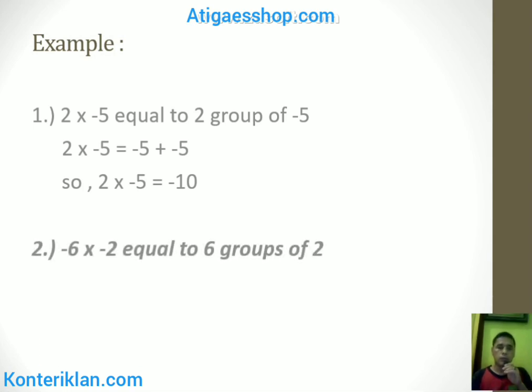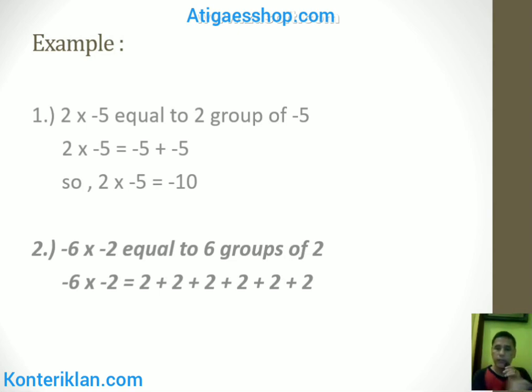For number 2, negative 6 times or multiply negative 2 equal to 6 groups of 2. Negative 6 multiply negative 2, same with 2 plus 2 as many as 6 times. Why is this one positive? Do you still remember about the key concept?